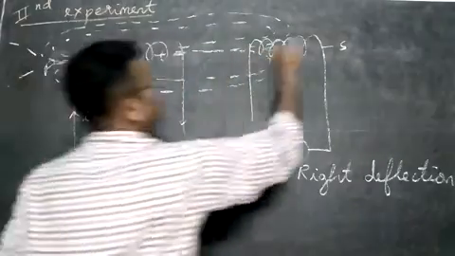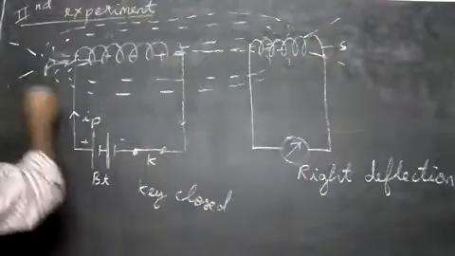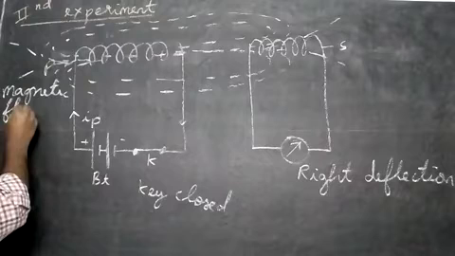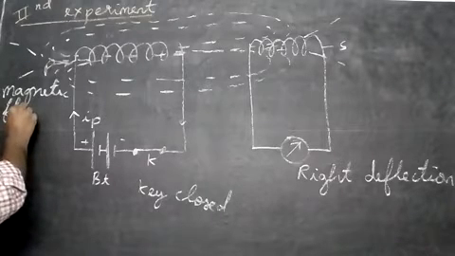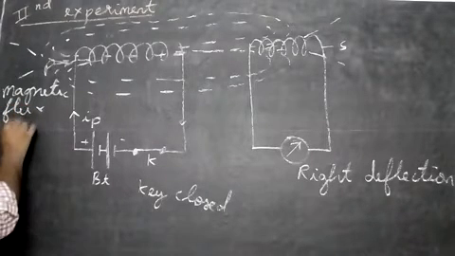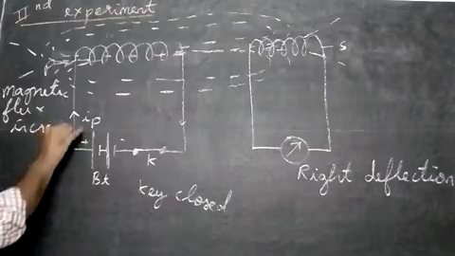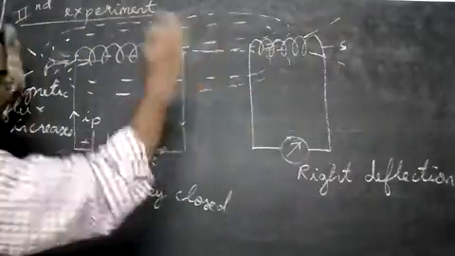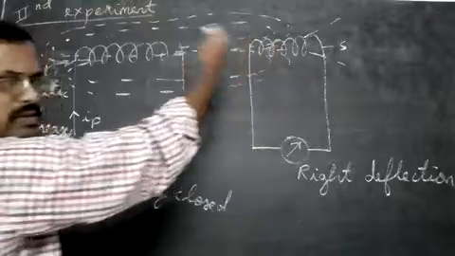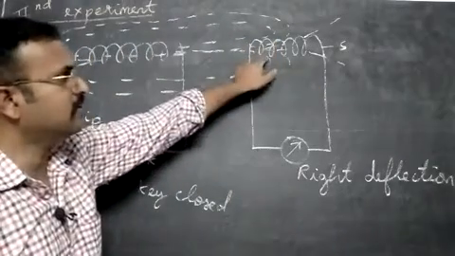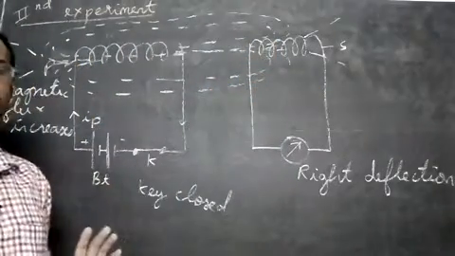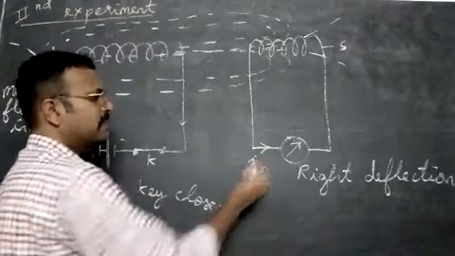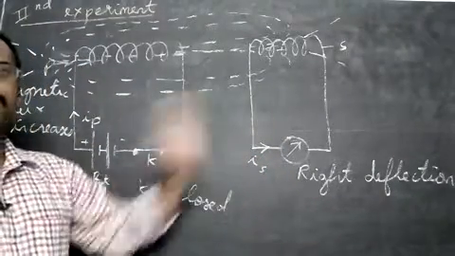The magnetic flux also increases. As it increases, it will expand and hit the second conductor, that is the secondary coil, and then current is induced in this coil. This is the current in the secondary coil, and due to that, it will show a right side deflection.